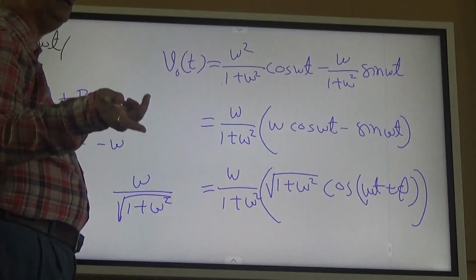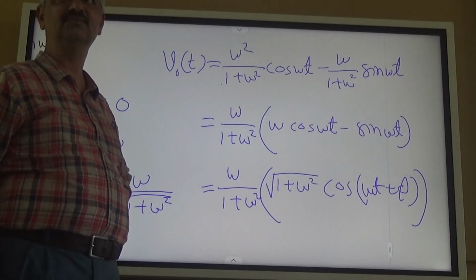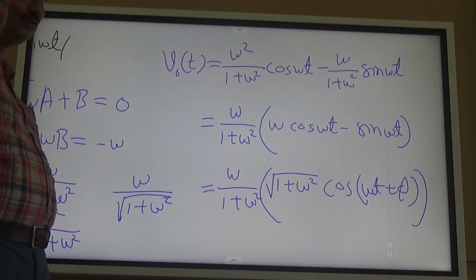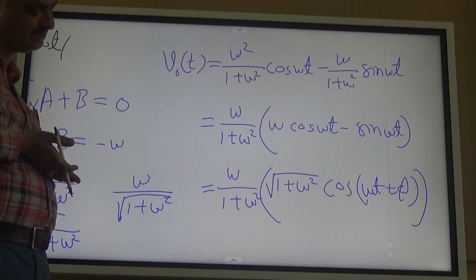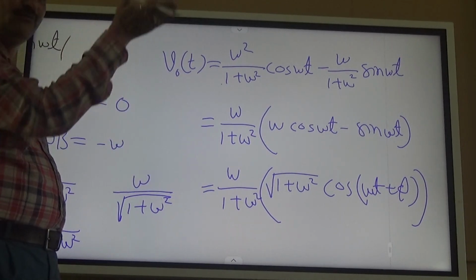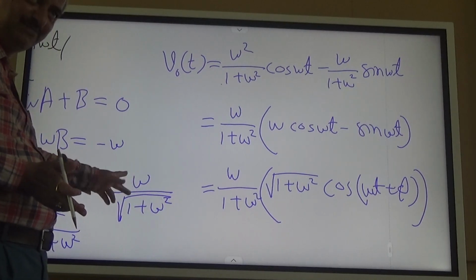So can you tell me what happens when frequency increases? Now last time it was 1 upon under root 1 plus omega square for the low pass filter. So easily you would have said that as omega increases, the denominator will increase and the overall value will decrease. But now there is some confusion.